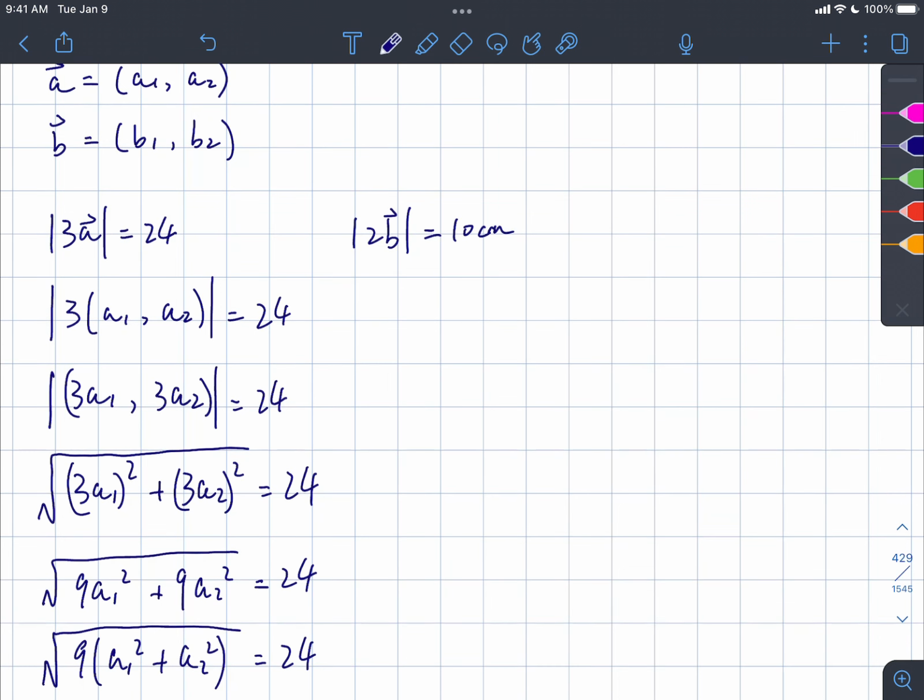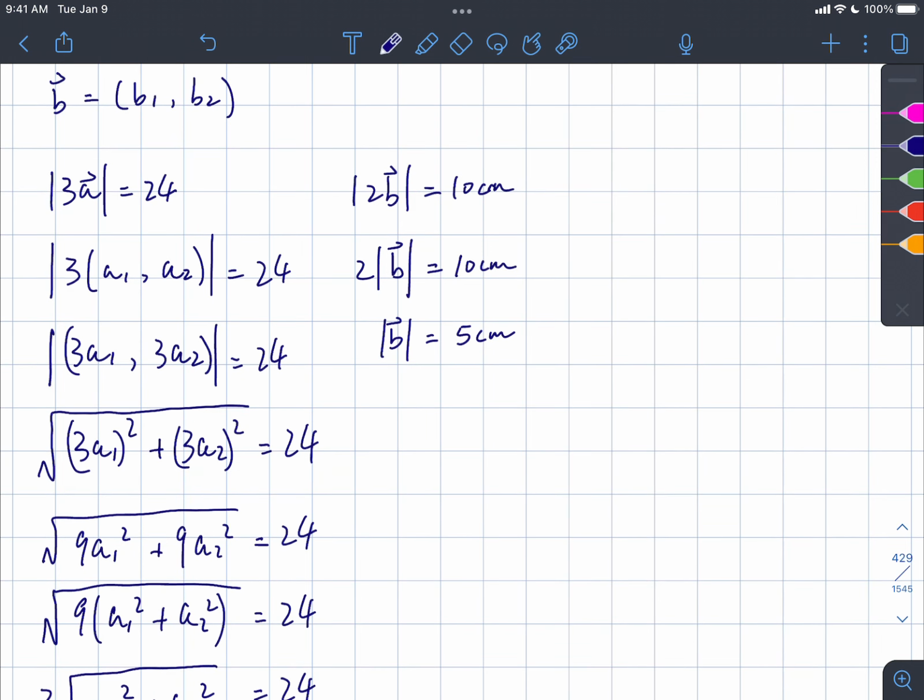Similarly, for the magnitude of 2b, you can take out the 2. If you don't believe me, try it on your own the long way, and you'll find it turns out to be 2 times the magnitude of b. To save time, I'm not going to do it the long way, because it would make this video unnecessarily long. So I'm just going to go for b right away.